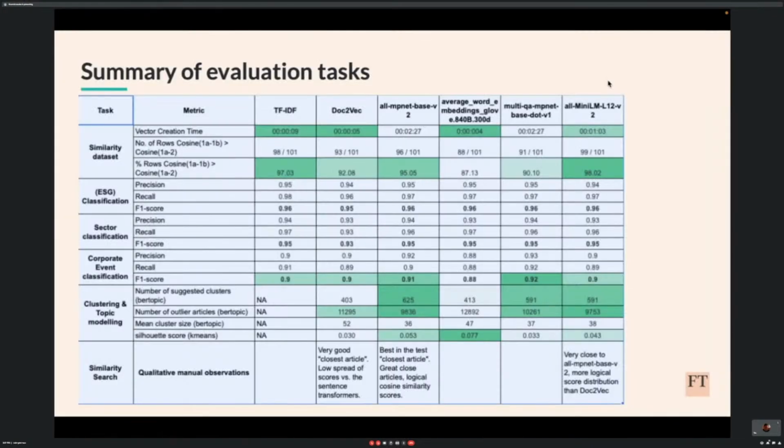But the HDBSCAN type of thing used by BERTopic, you don't specify the number of topics. We let the algorithm spit out the number of topics and also the number of outliers. And then you can hierarchically cluster your way into 40 topics if you like.